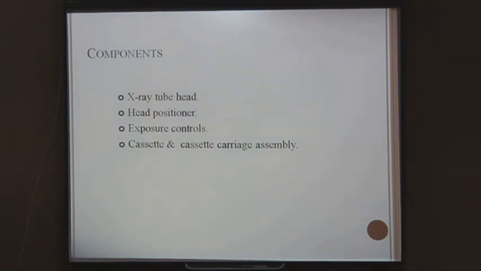The size of your OPG cassette? Size of IOPA film, occlusal film, bitewing film, your OPG films, your CT films, all these are MCQ questions. Five into six inches, in centimeters.